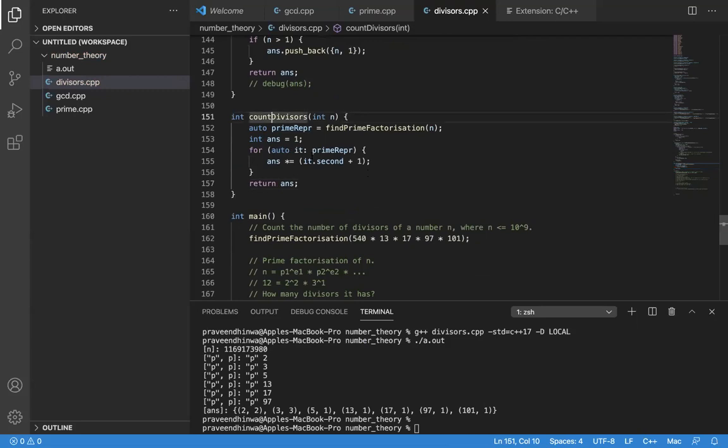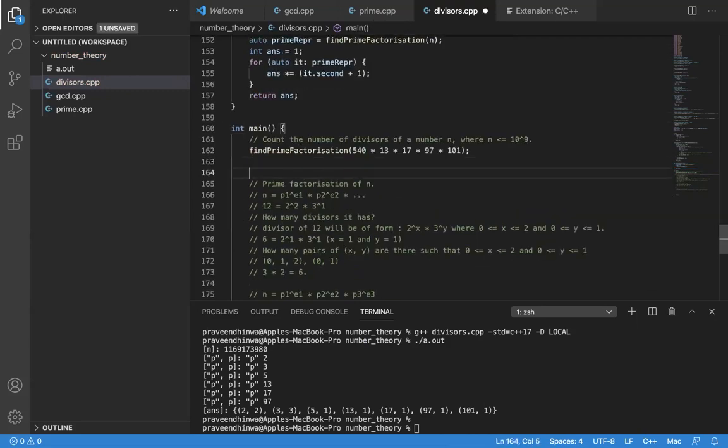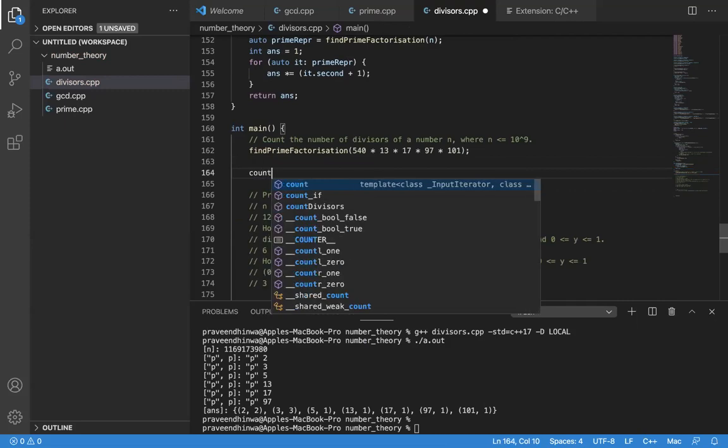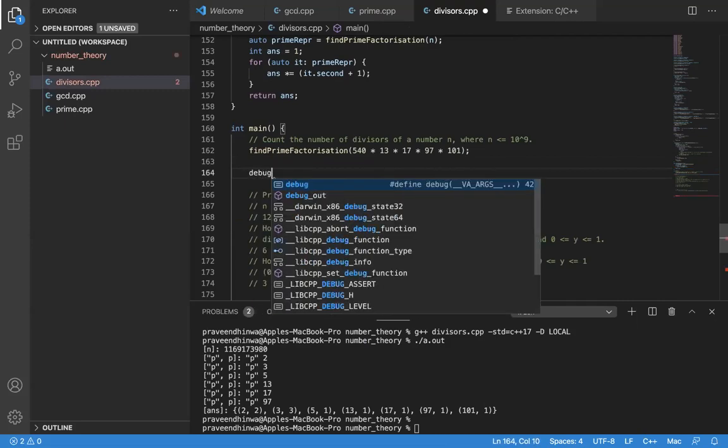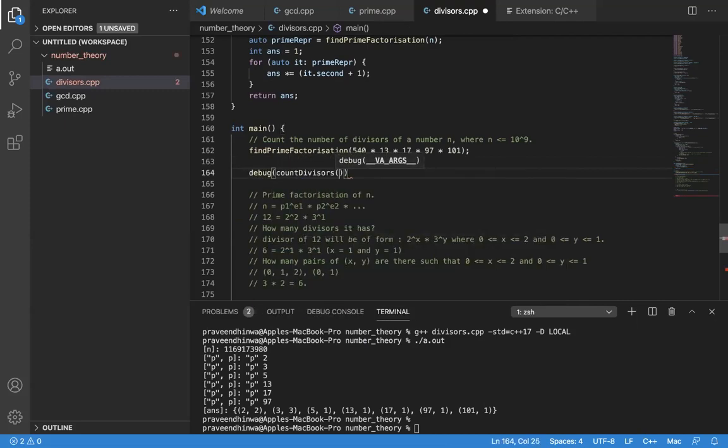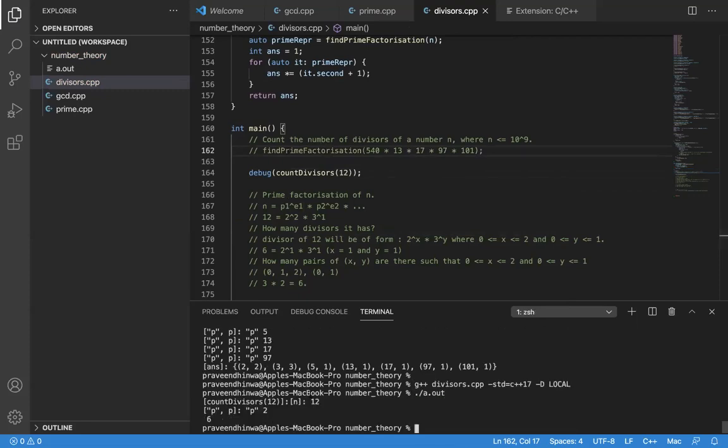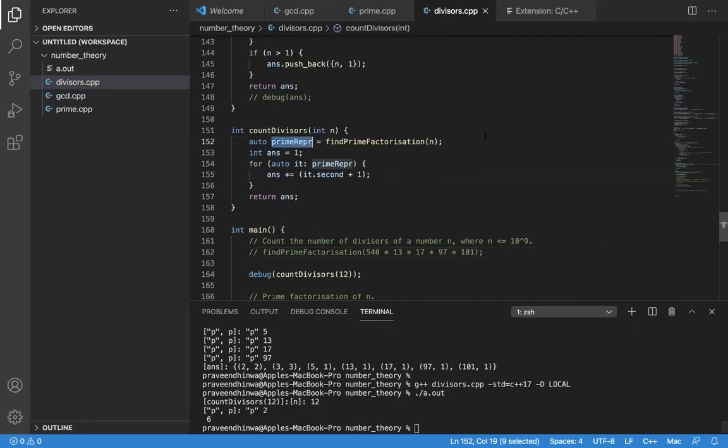This is the count divisors function. So let's see this function. Debug count divisors of, let's say, 12. And let's remove this part. So count divisors of 12 is 6. So what was its prime representation?